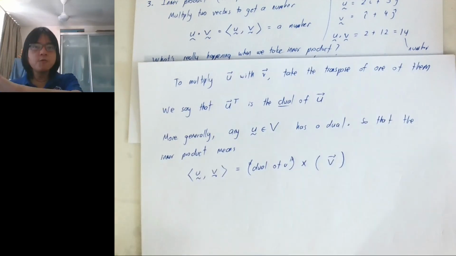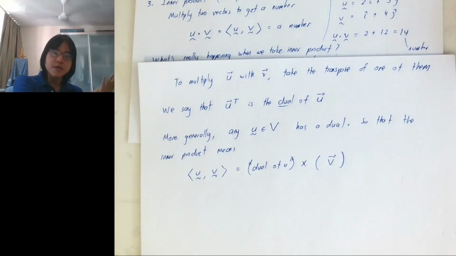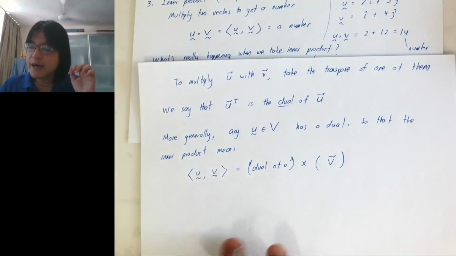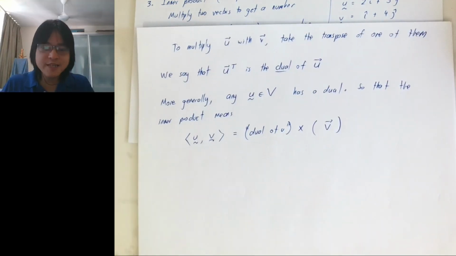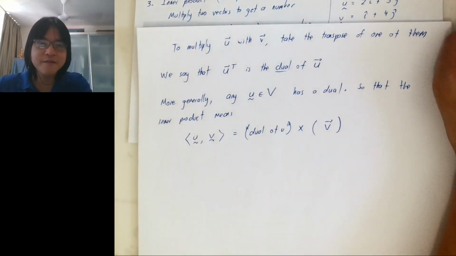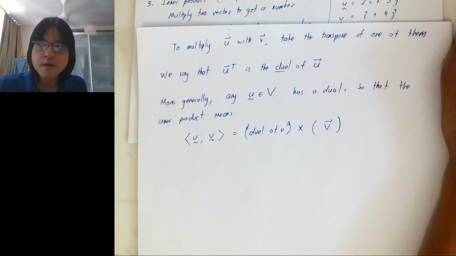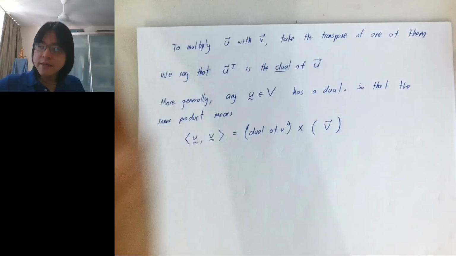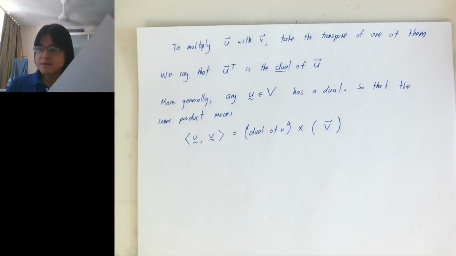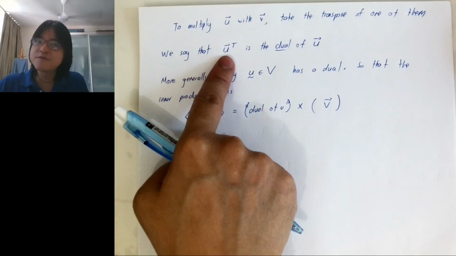Okay, so I need to change one of them into a dual, and then multiply. So this might be a new concept for many of you, so I'll give a chance to ask questions. But is it clear? It's clear, right? If it's not clear, just remember this.